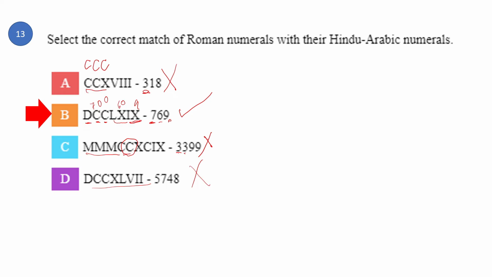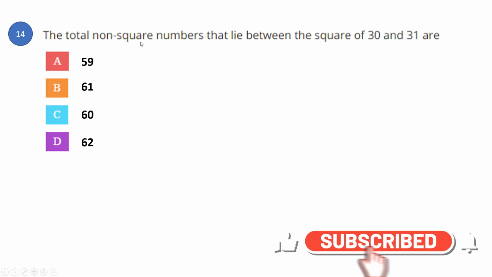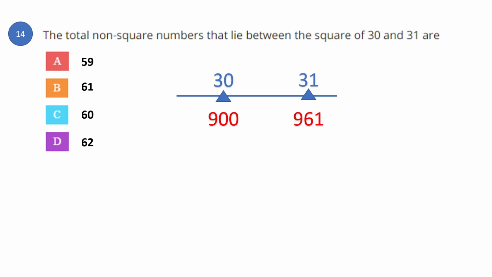Well, with this, now let's go to our next question, which reads, the total non-square numbers that lie between the squares of 30 and 31 are what? Well, this may sound difficult, but it's a very easy question. Take a look and spot the right answer. If you plot on a number line, 30 square is 900 and 31 square is 961.